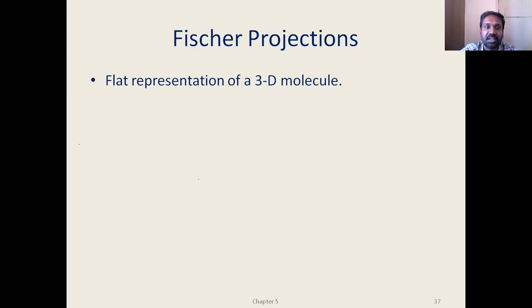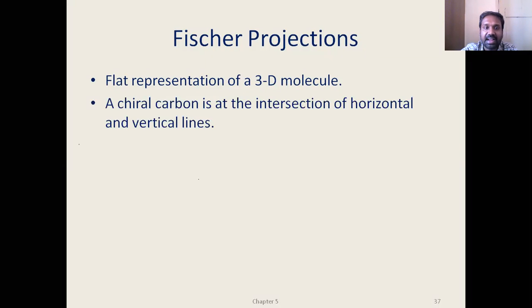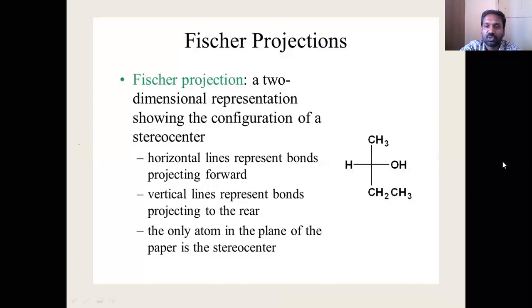A chiral carbon, or any carbon, even if it is not chiral, a tetrahedral carbon for example, is represented at the intersection of 2 lines, horizontal and vertical lines. In the example of Fischer projection I have shown here, of a secondary alcohol, there is a vertical line and a horizontal line. All Fischer projections have vertical lines and horizontal lines only.